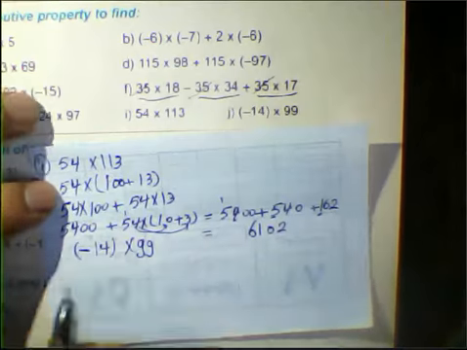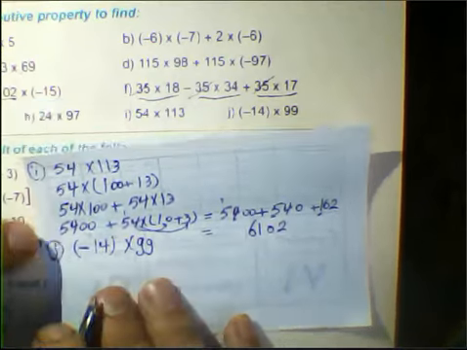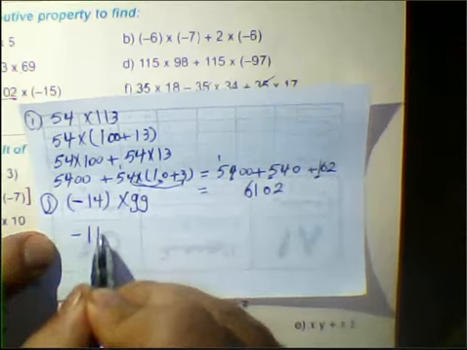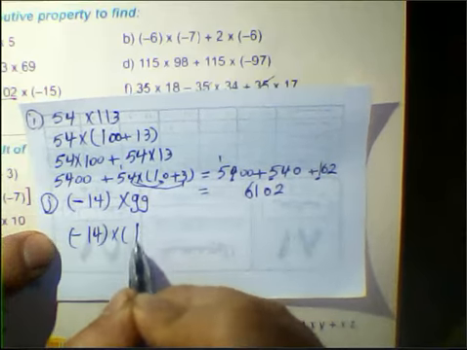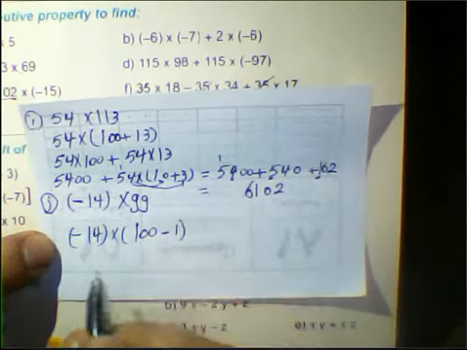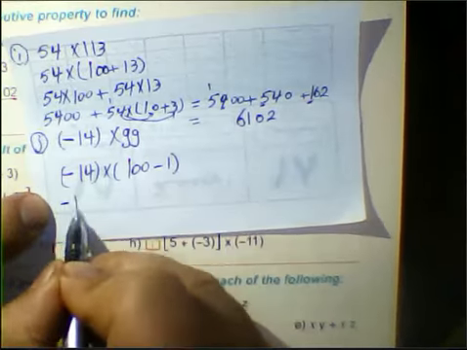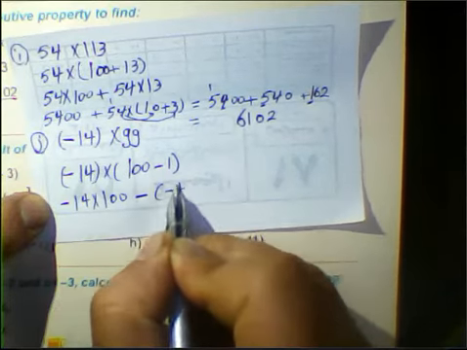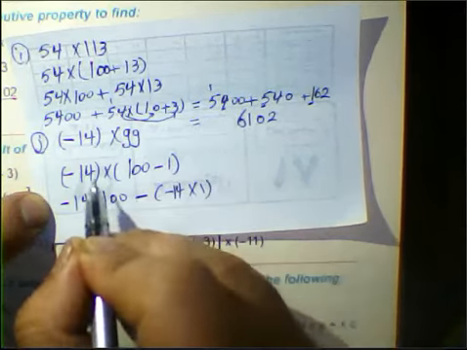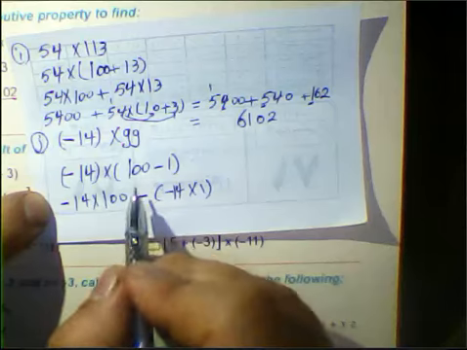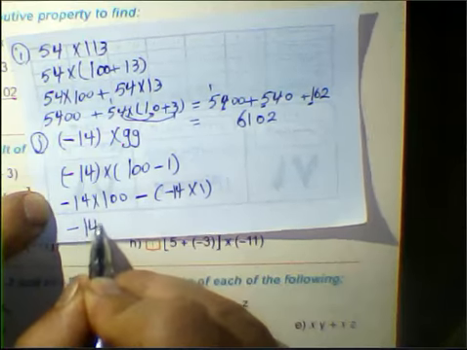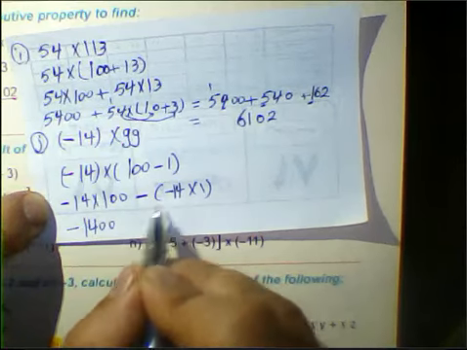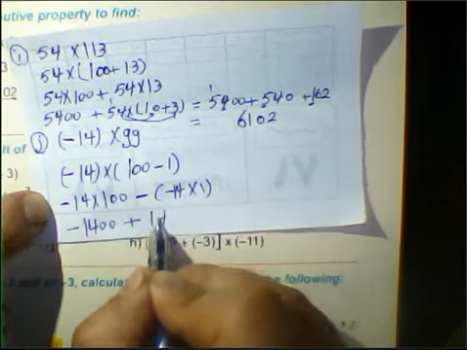And what about question J? Negative 14 multiplied by 99. 99 equals 100 minus 1. So negative 14 multiplied by 100 minus negative 14 multiplied by 1. We are using the distributive property. Negative 14 in parentheses. So the result will be negative 14 and double 0. Negative times negative equals positive 14.